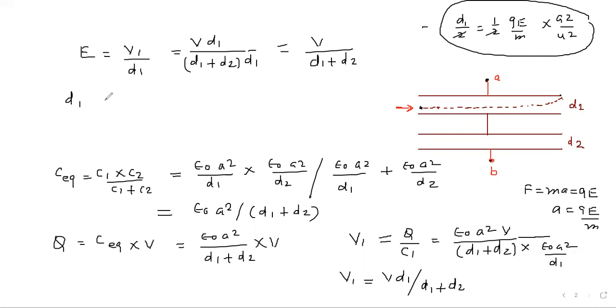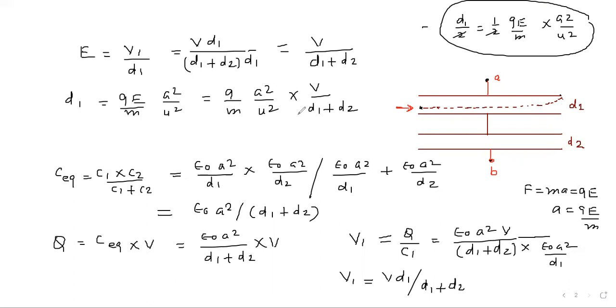So D1 equal to QE upon m times A square upon U square. And we put the value of E, V upon D1 plus D2. So Q upon m, A square upon U square, times V upon D1 plus D2.